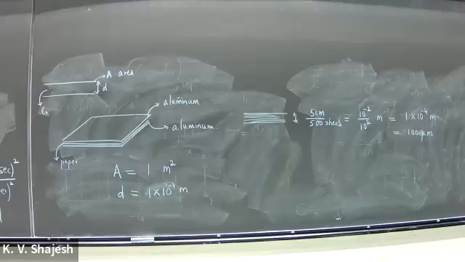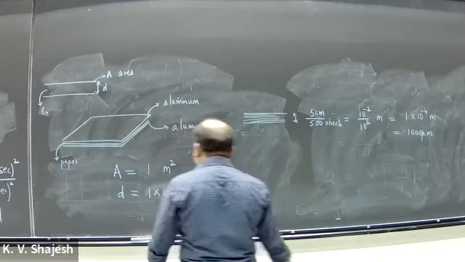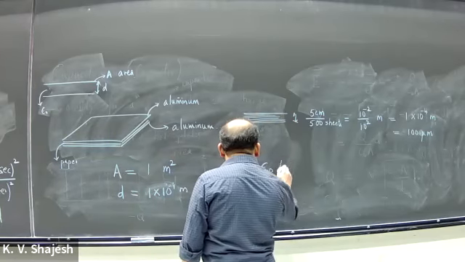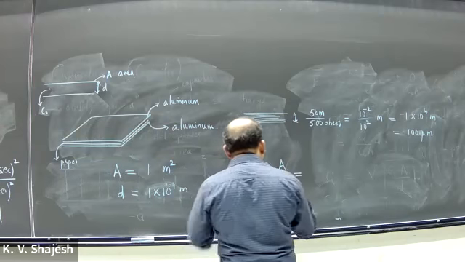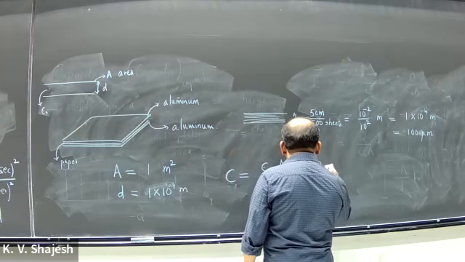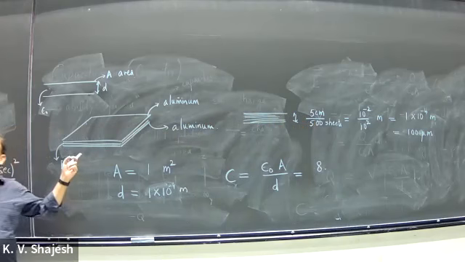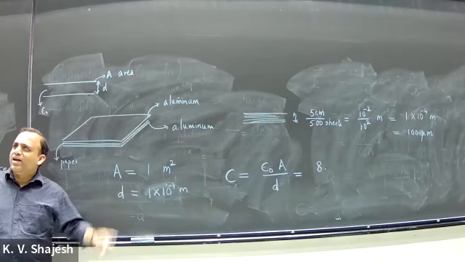Okay, so capacitance, that's all. This is all there is, right? I said our equations will get simpler, so that's all we have to do. So epsilon naught A over D, and epsilon naught is 8.85. So there's a cheat in here, right? I said epsilon naught is for vacuum, but now I'm going to use epsilon naught for a paper.